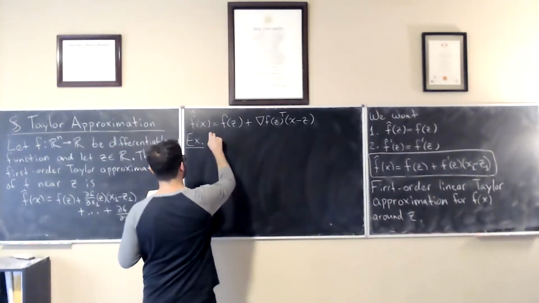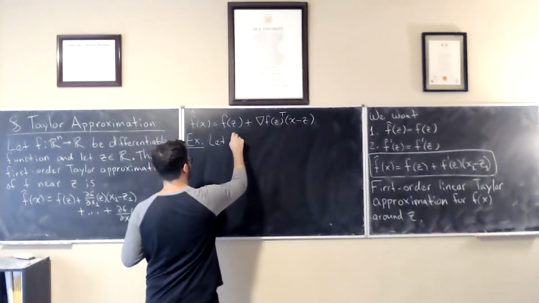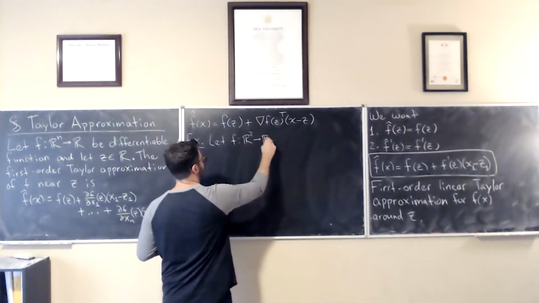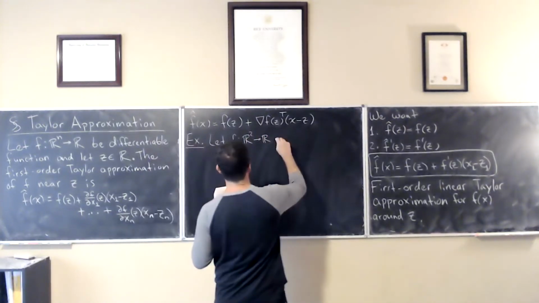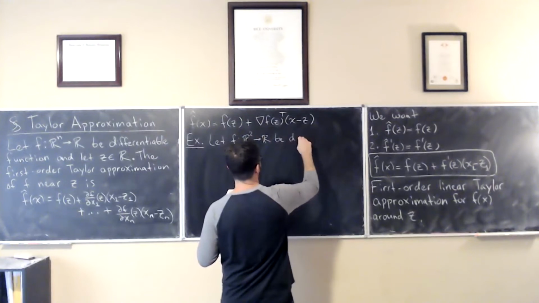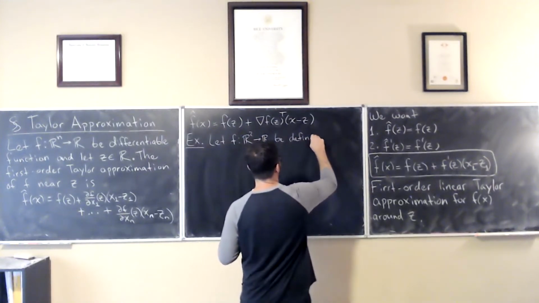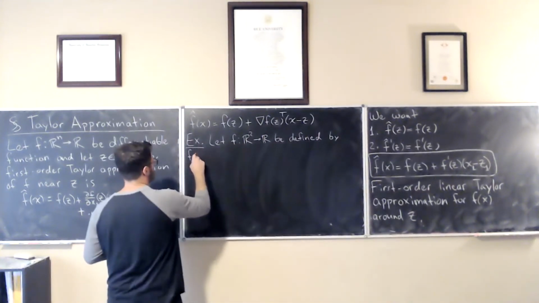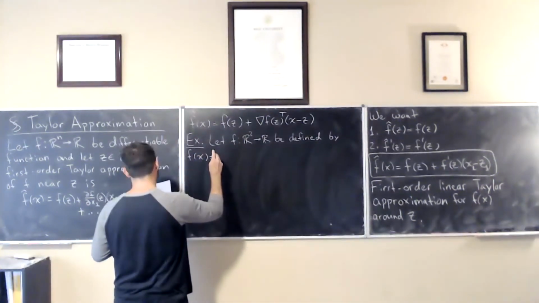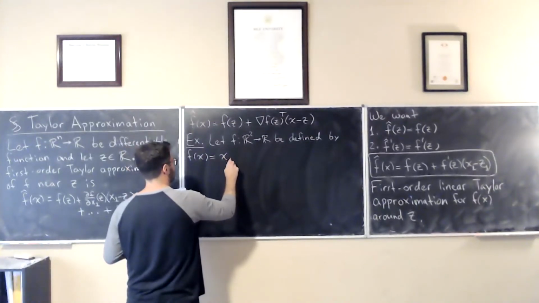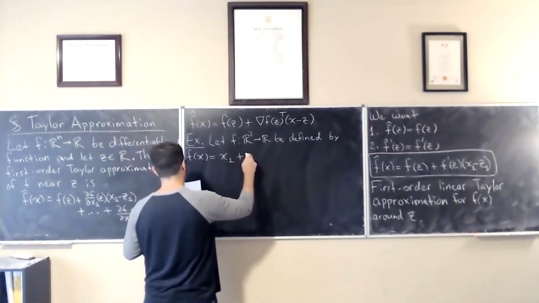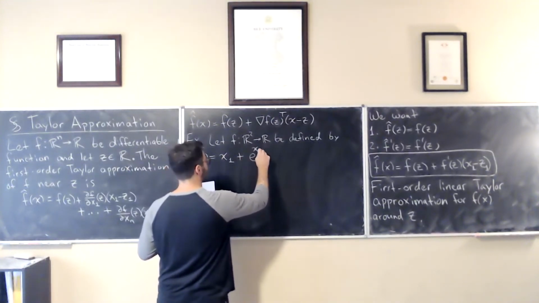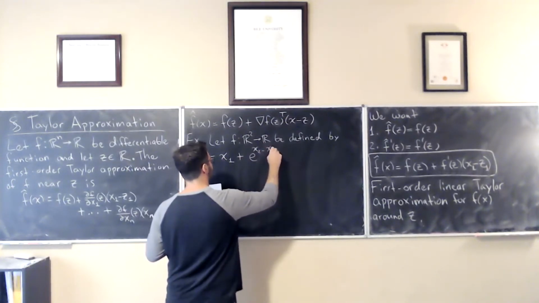So let f map R2 to R, so a function of two variables, be defined by f of x equals x1 plus e to the power x2 minus x1.